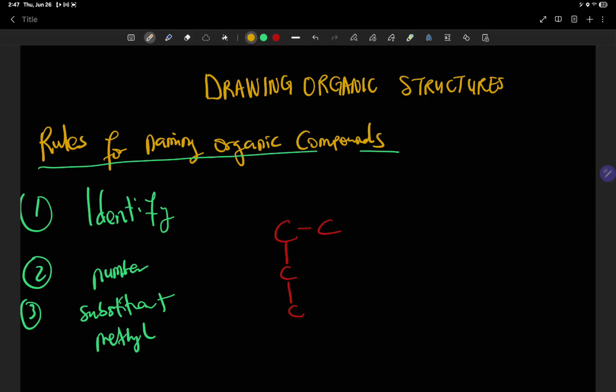The longest carbon chain. For some people, they will consider this place an attachment, and they will now write CH3 here, obviously. So we have H. So there should be H here too, right? 1 2 3.